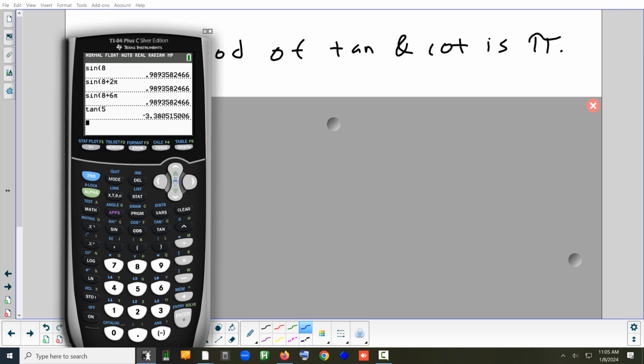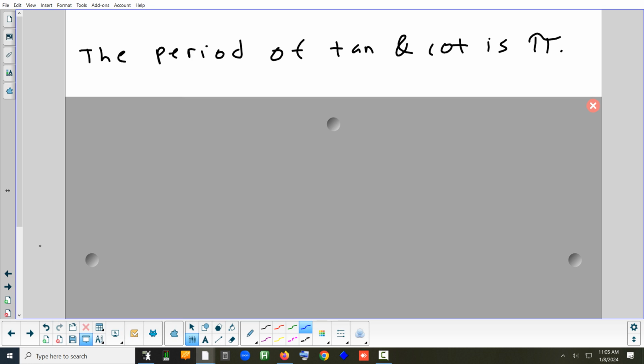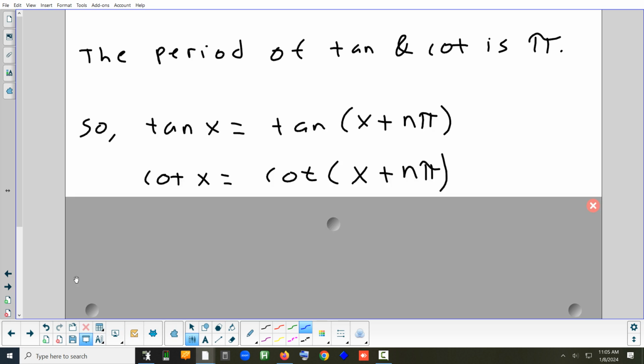If the cycle length is pi, what could I add to that and get the same answer again? Pi. Any multiple of pi. Yeah. You could do tangent of 5 plus 13 pi. Oh, that's right. I'll just do 3 pi. Any multiple of pi that you add or subtract will give you the same answer. And that's what that formula is saying.